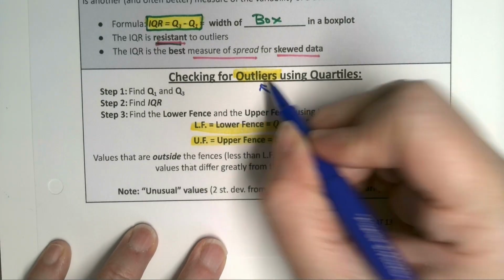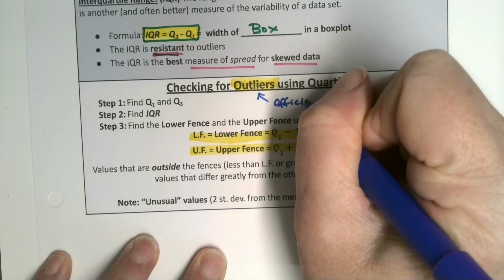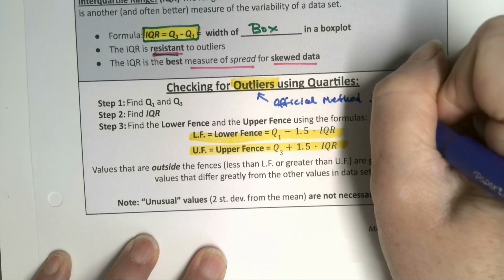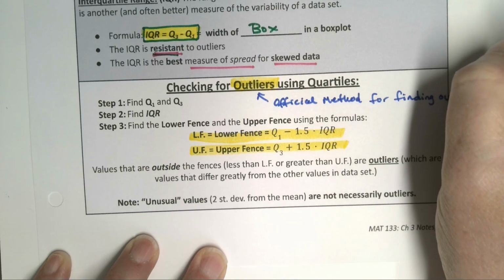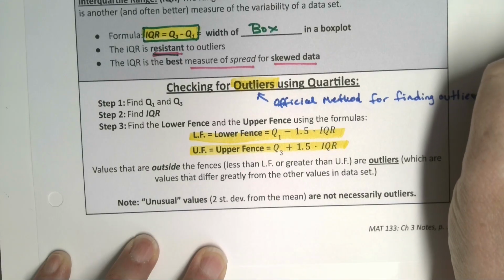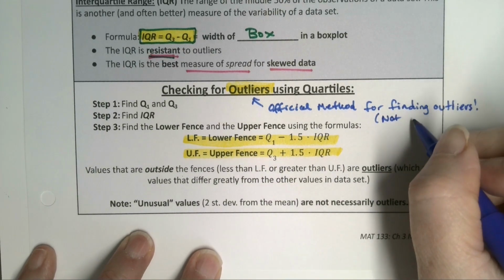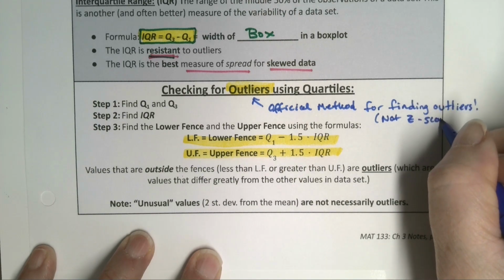Let me just make a note here. This is the official method for finding outliers. It's not the z-scores. It's not z greater than 2. Or I'll just say not z-scores.